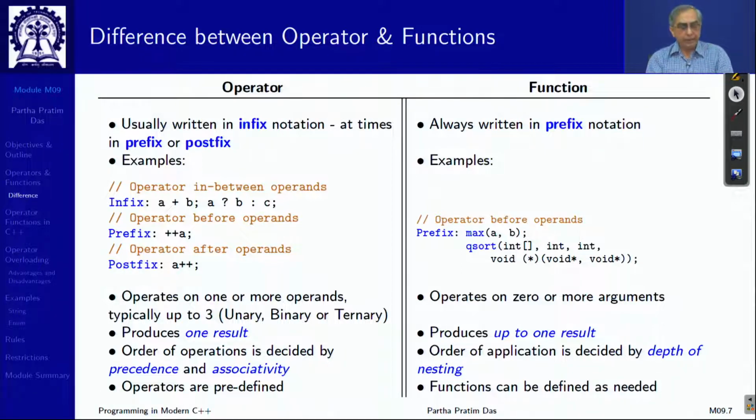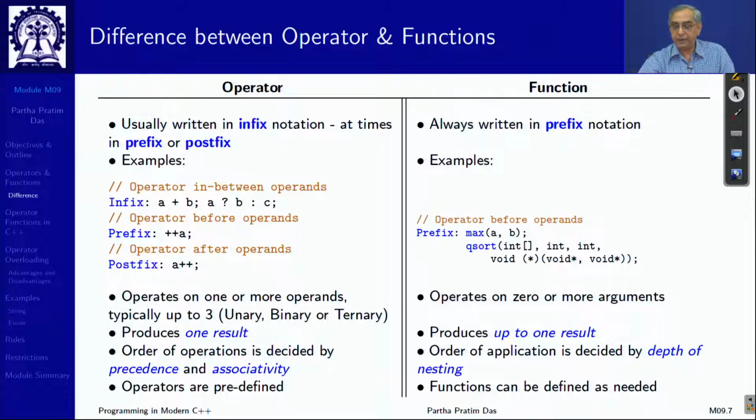So, an operator usually is written in infix notation. Infix notation means that the operator sits in between the operands. Infix: A plus B, A is here, B is here, plus is in the middle. But at times it can be prefix also, that is, I can first have the operator, then the operand, or it can be postfix also, I can first have the operand, then the operator.